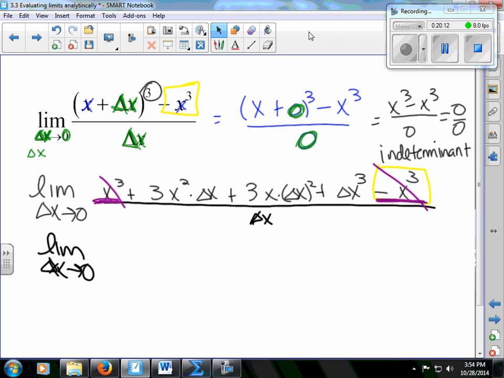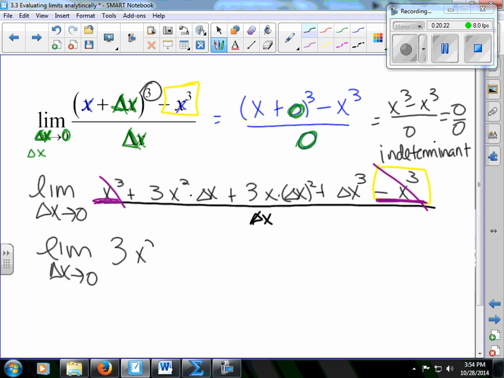All right, let me make this nicer. The limit as delta x approaches 0, and in my numerator now I have a 3x squared times a delta x, and delta x is approaching 0, plus 3x times delta x squared, and it's the delta x who's approaching 0, plus delta x cubed, all divided by delta x.